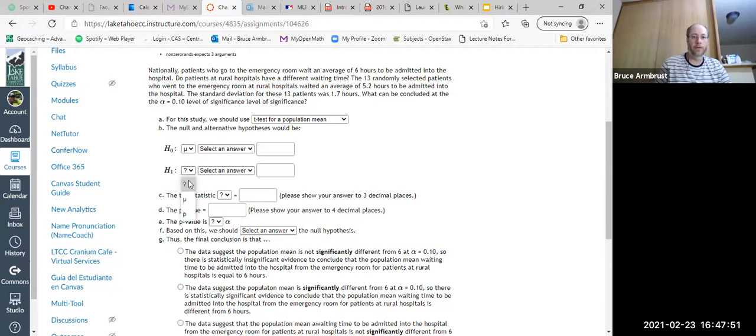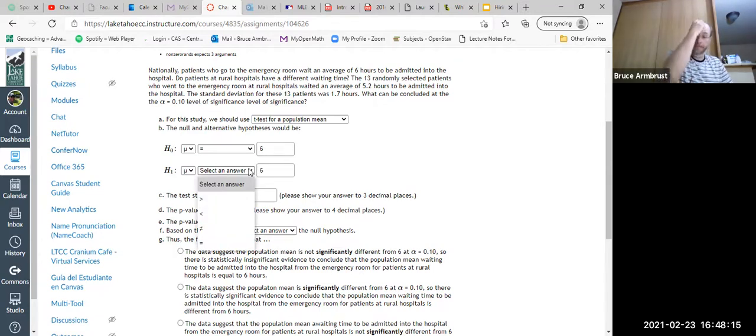So the null and alternate hypotheses are both about means. The null says the mean is equal, and we want to see if it's equal to the 6 hours. And for this one we were asking, do patients have a different waiting time? Which one are we going to use: greater than, less than, or not equal, if what we want to test is a different waiting time?